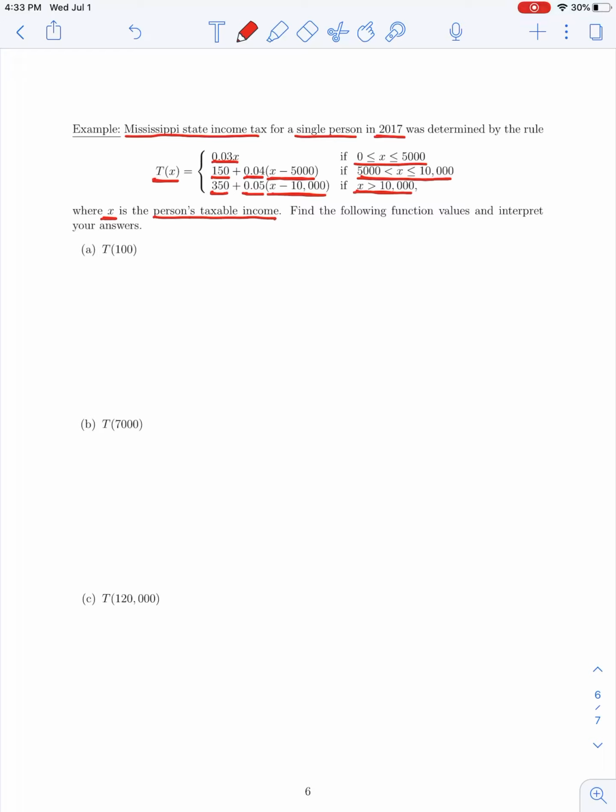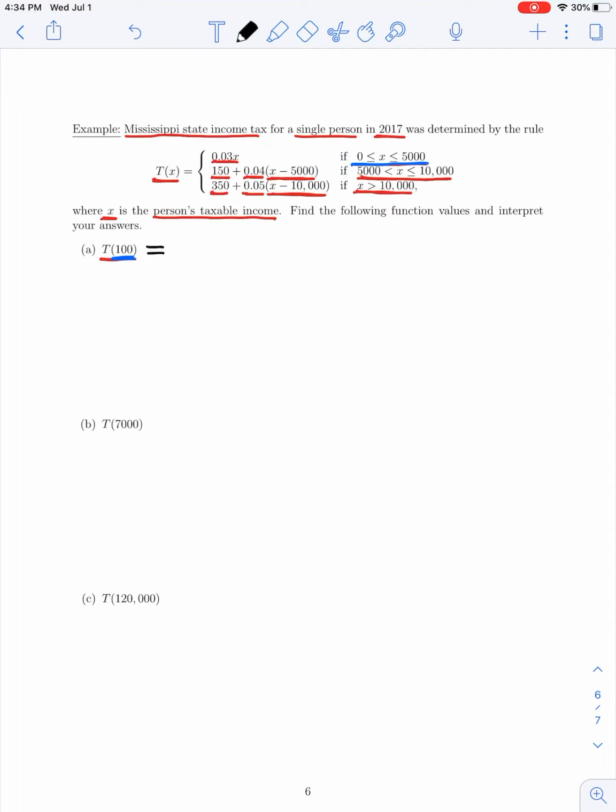So in part A, we're asked for T of 100. If the value of x is 100, then we're working with the first definition of our function, where x is between 0 and 5,000.